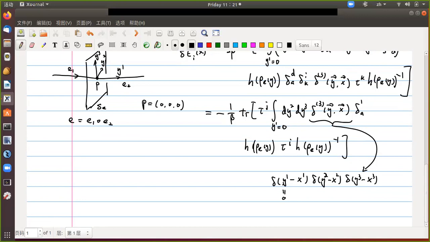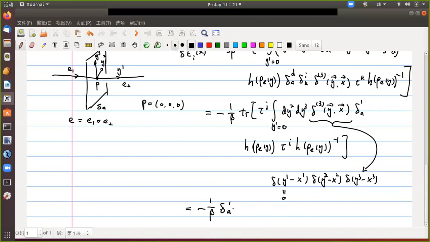Okay. So the first delta is just delta x1, and for the second delta function, we can just integrate out because we are integrating dy2 and dy3. So we can integrate the second and third delta functions. We can pull out all the deltas.